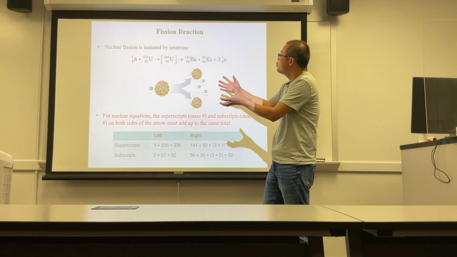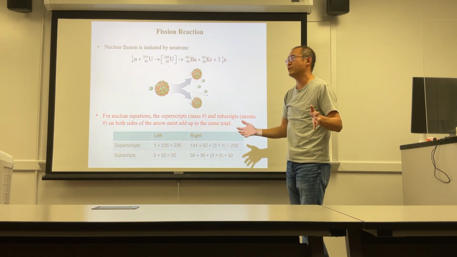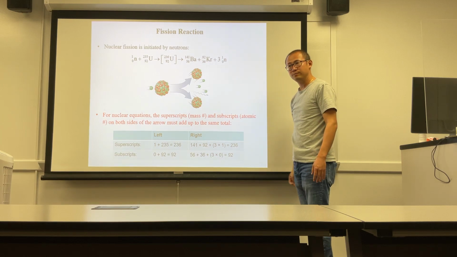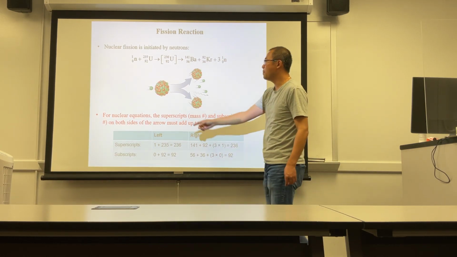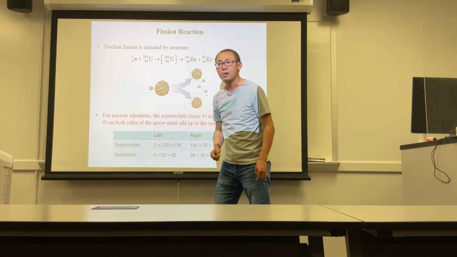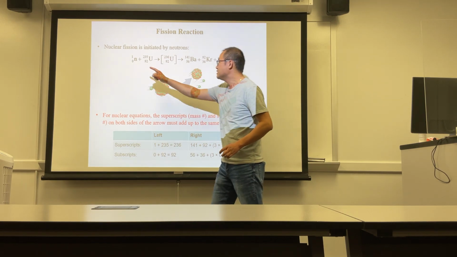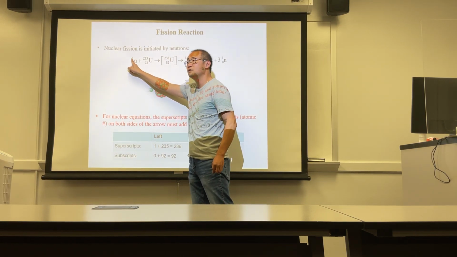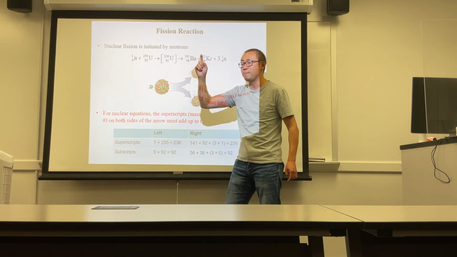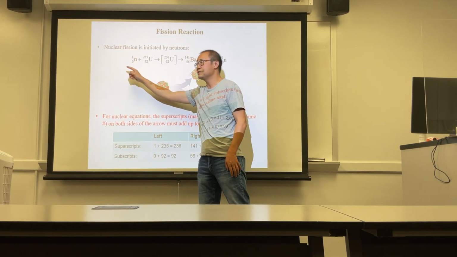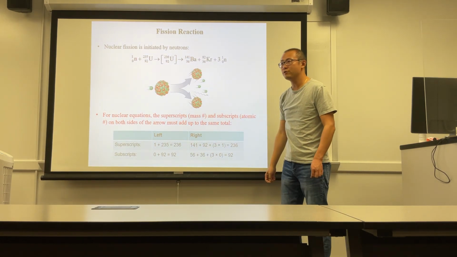Now, in order to represent this fission reaction in an equation, because in chemistry we always want an equation, here is the equation. Okay, first take a look at these symbols. First, the particle is a neutron. What is a neutron? Neutron is a particle with 0 charge and what? 1 mass. Is that right, guys? We know neutron has no charge, but the mass number is 1. So n with 0 and 1 is the symbol for neutron.